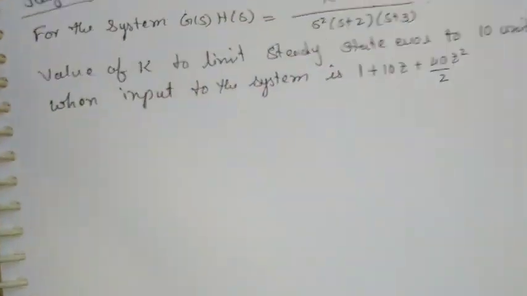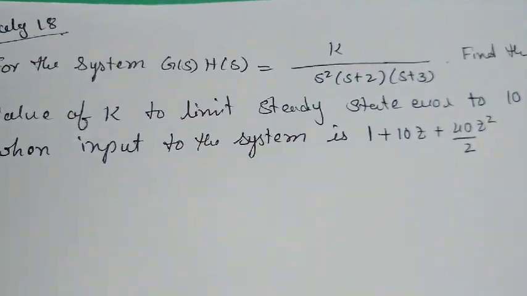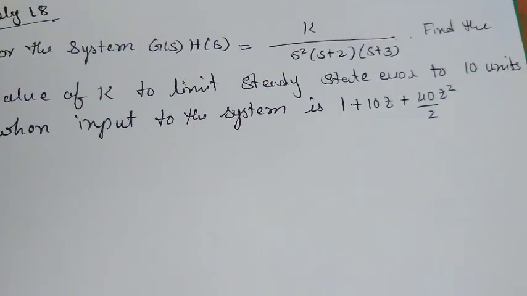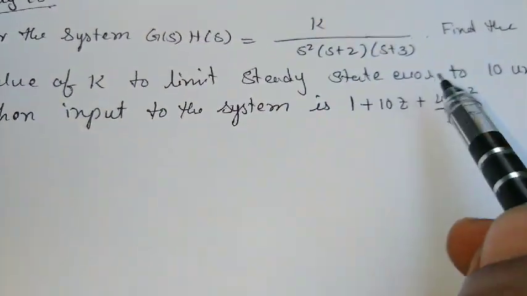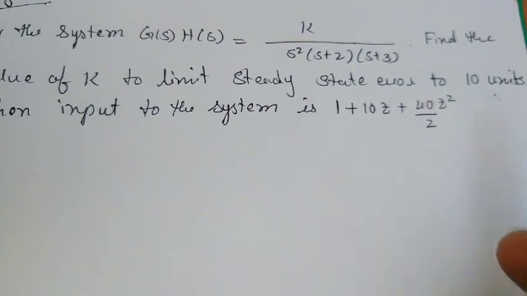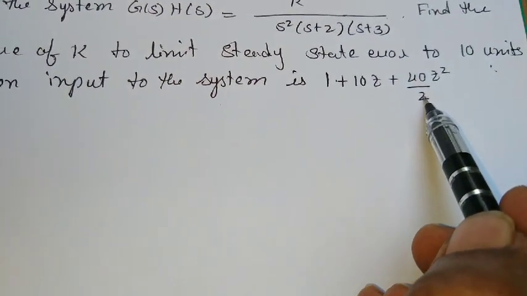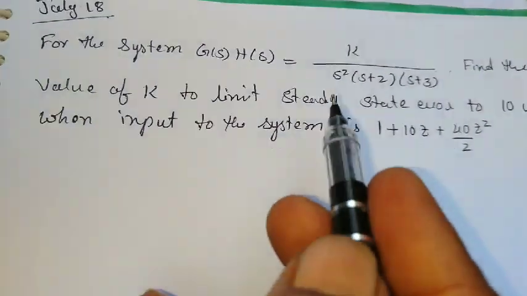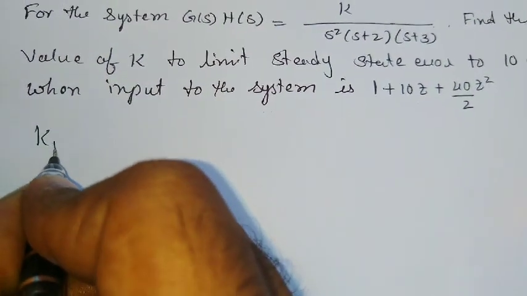So 2018 July question paper problem. They gave G of s and H of s, and they are asking to find the value of K for the steady state error of 10 units when the input of the system is 1 plus 10t plus 40 by 2 t square. Let's first find the steady state error constants. What is the value of Kp?